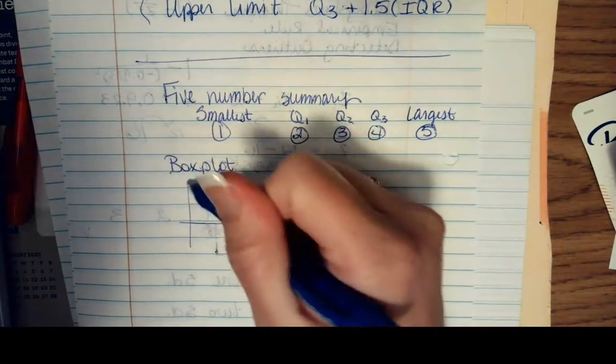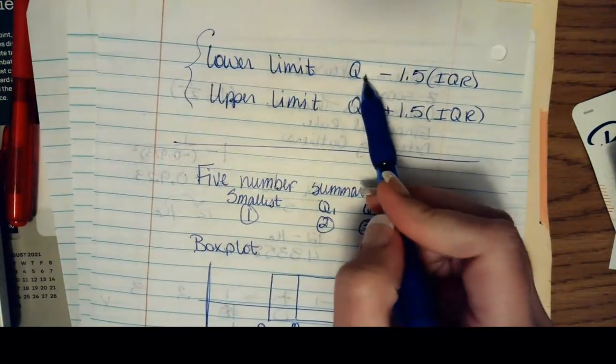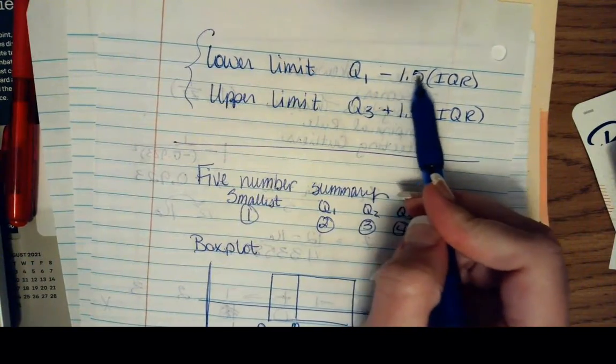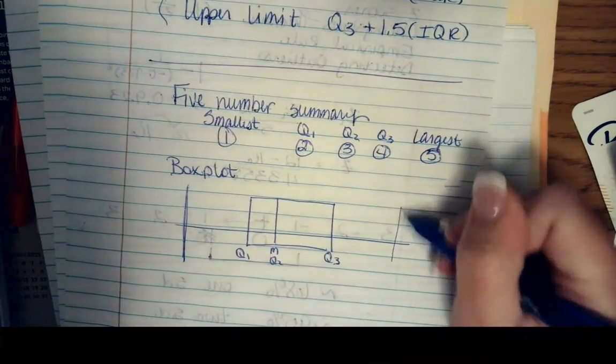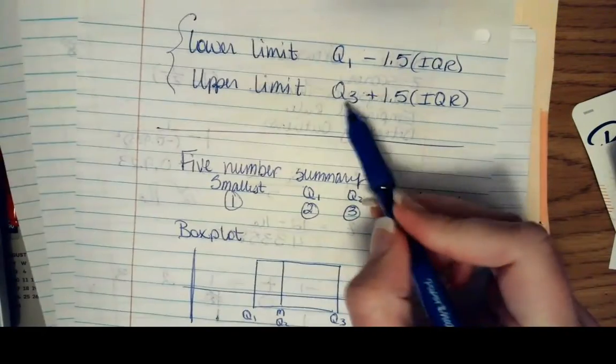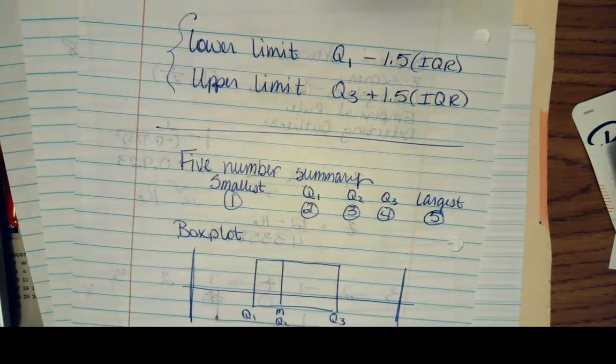This bar over here is going to be this portion: Q1 minus 1.5 times the interquartile range. This one over here is going to be Q3 plus 1.5 times the interquartile range.